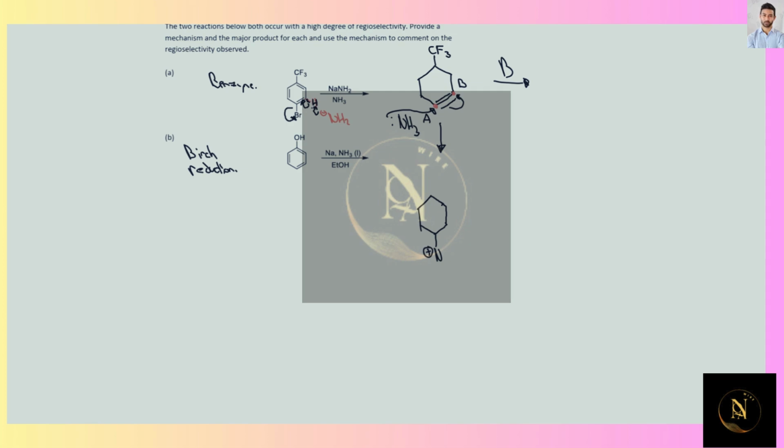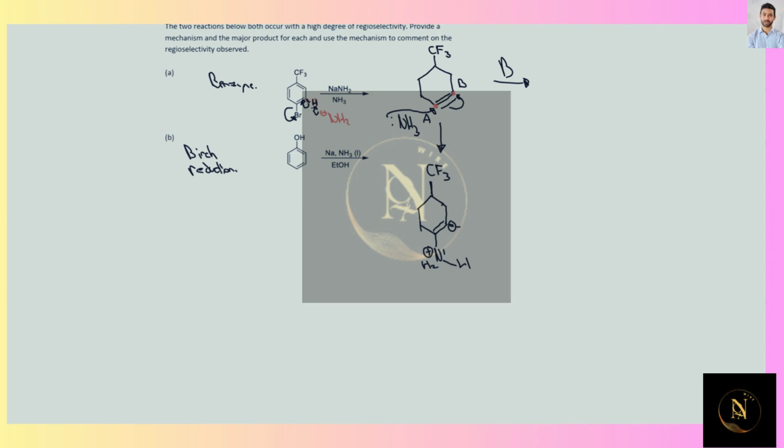Let's write this down as NH2, and I'm going to write down a hydrogen over here. Okay, we're going to have this CF3 that, as I mentioned, is going to be an electron withdrawing group, and we're going to have a negative charge on this position and the double bond.